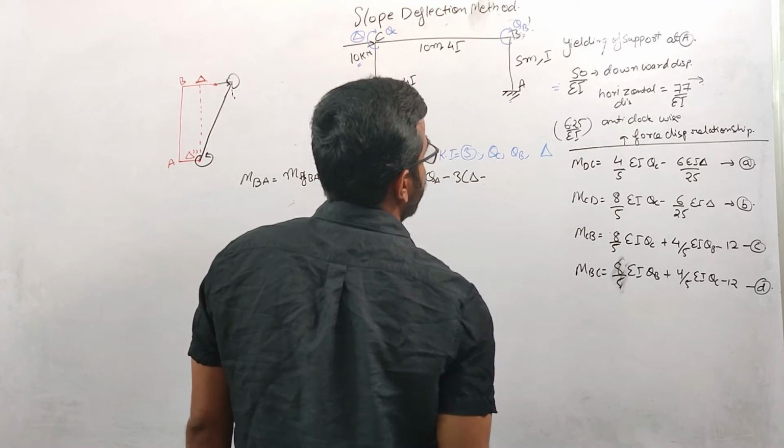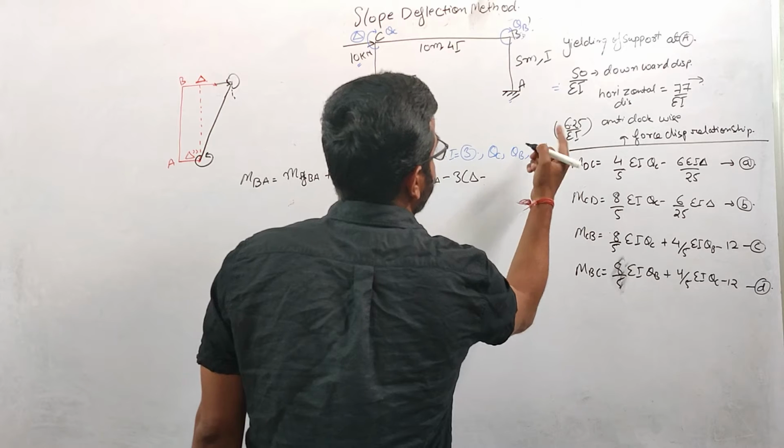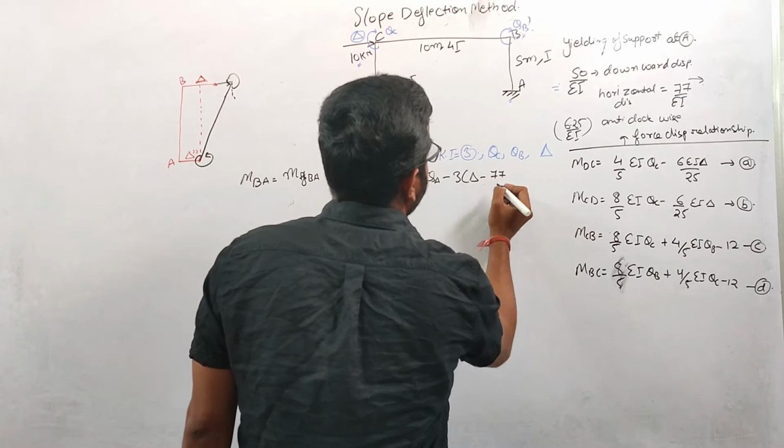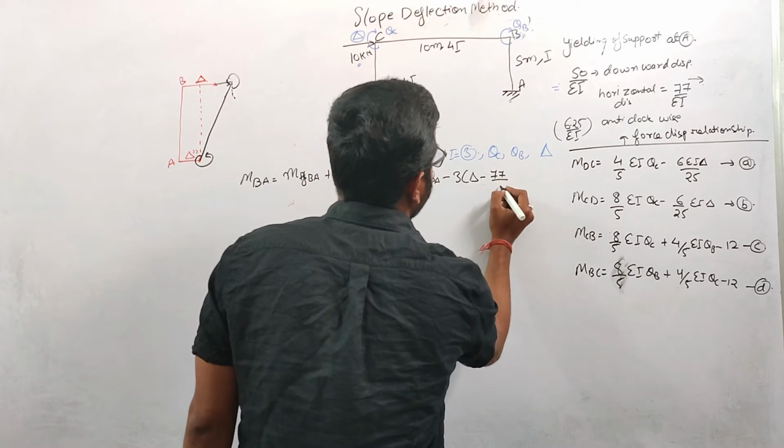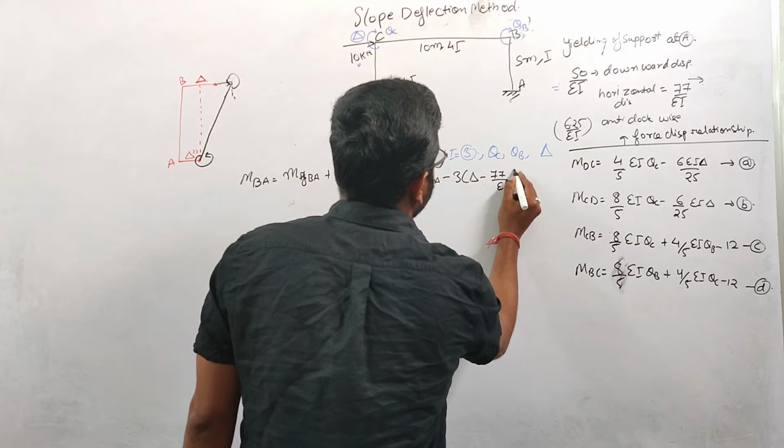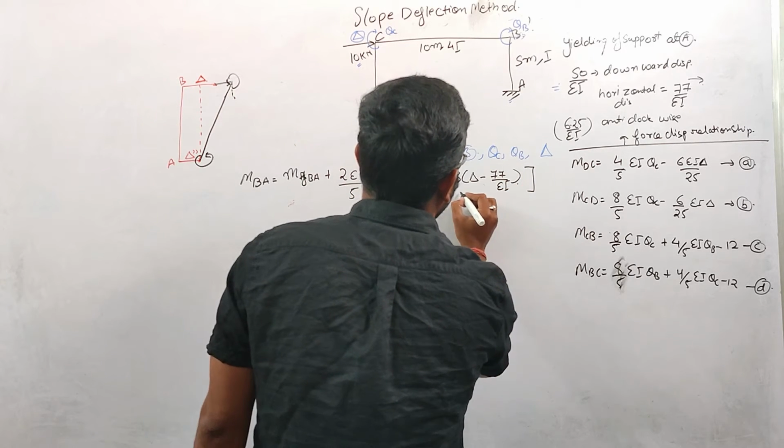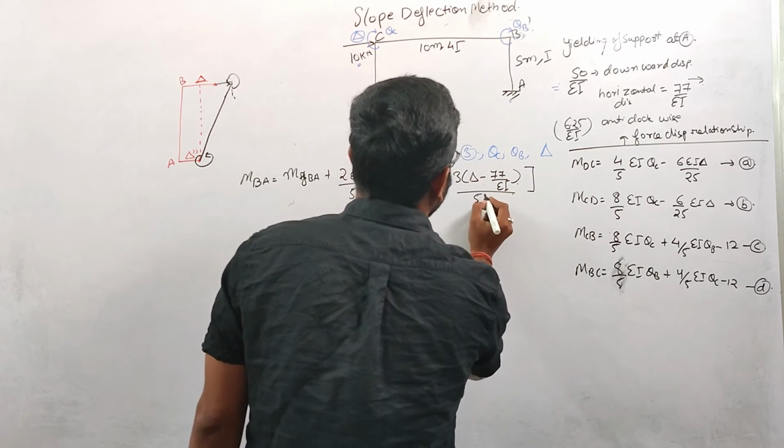And what is the value of this movement at A point in horizontal direction? It is this much value, right? And this is divided by, 3 delta by L, L is nothing but 5.